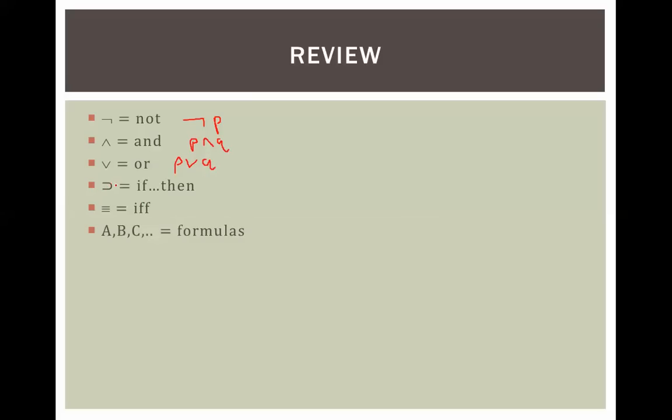This gentleman right here is kind of like an if-then. So if I say, let's do it, make that R. If R, then S. And let's say R is, if it's a rainy day, then the street will be wet. Something like that. And then this one right here, these three lines, is if and only if.